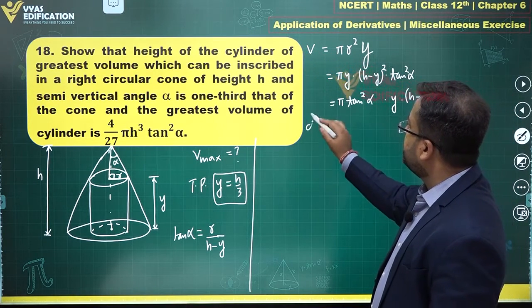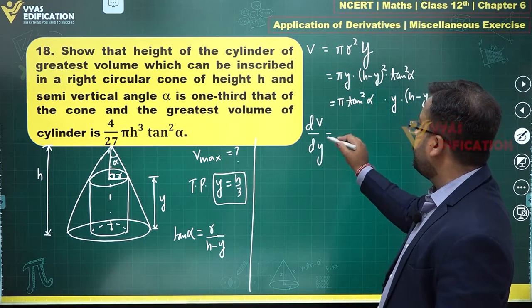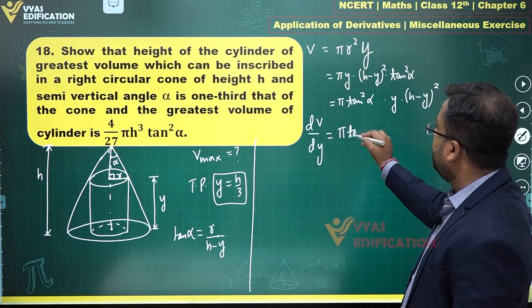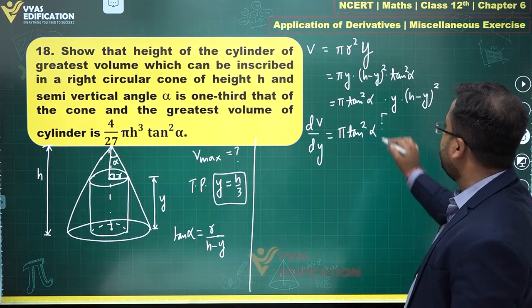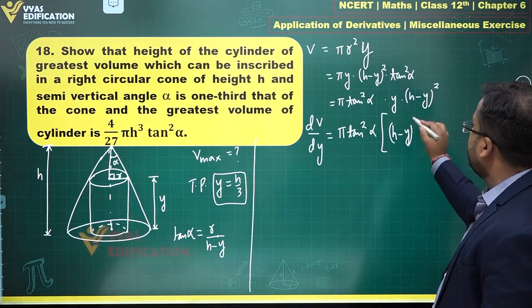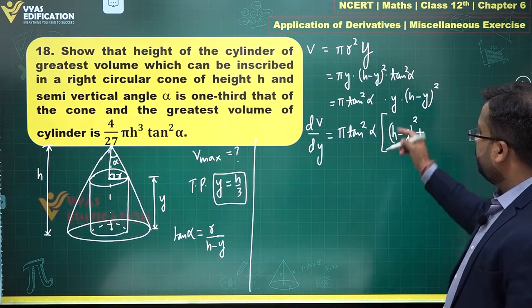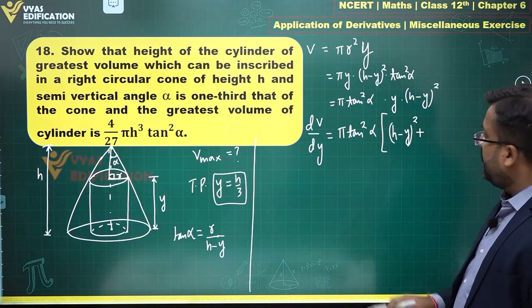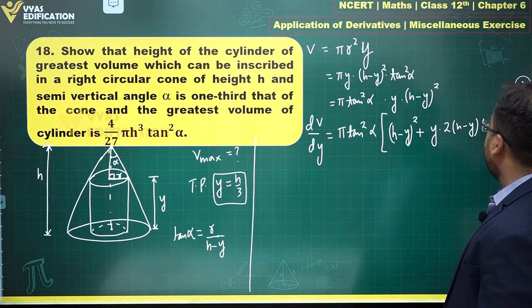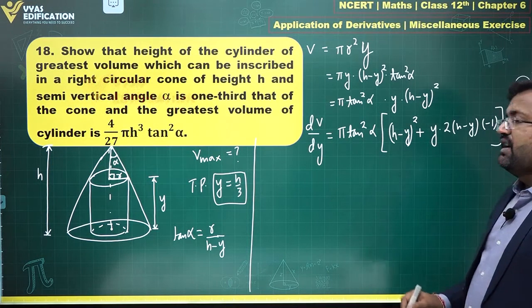Once you have this, dV upon dy will be equal to what? The derivative of V with respect to y: pi tan square alpha will remain as it is, and in the bracket you can apply the product rule. This will become h minus y whole square into the derivative of y, which is 1, plus y is a constant times 2 times h minus y and a minus 1, which is the derivative of h minus y.